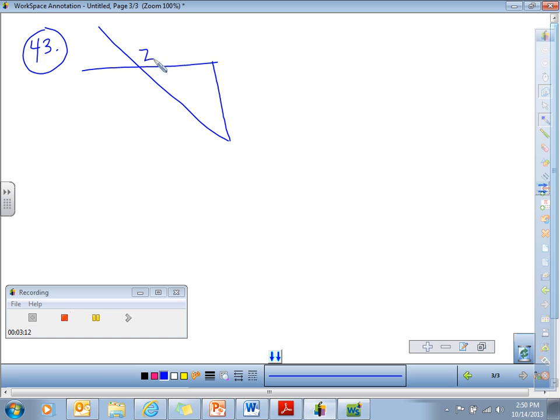Okay, this is Z degrees, this is X degrees, Y degrees, this is 115 degrees, this is 84, and this is W degrees. Okay, lots of variables in there. Raise your hand.